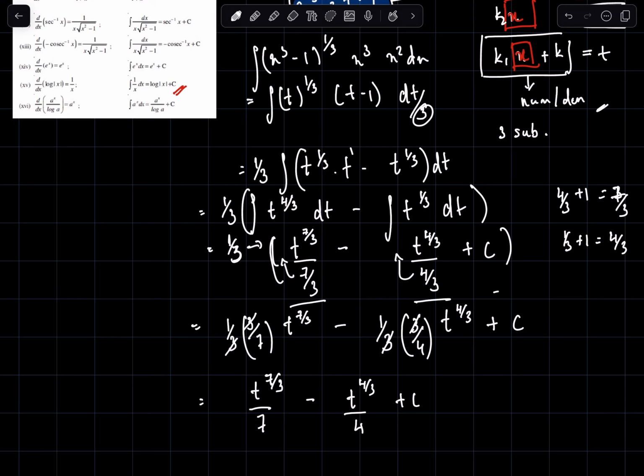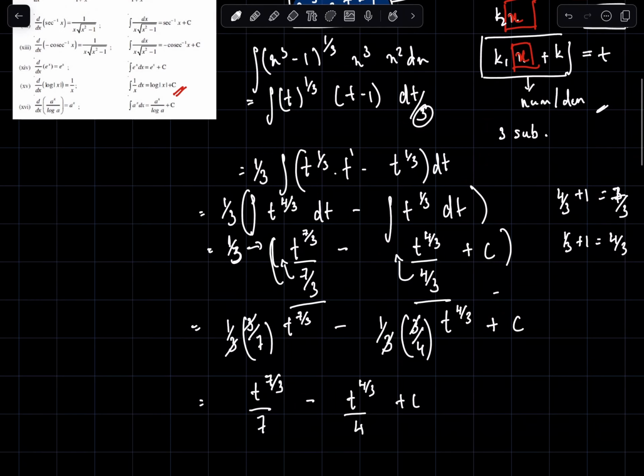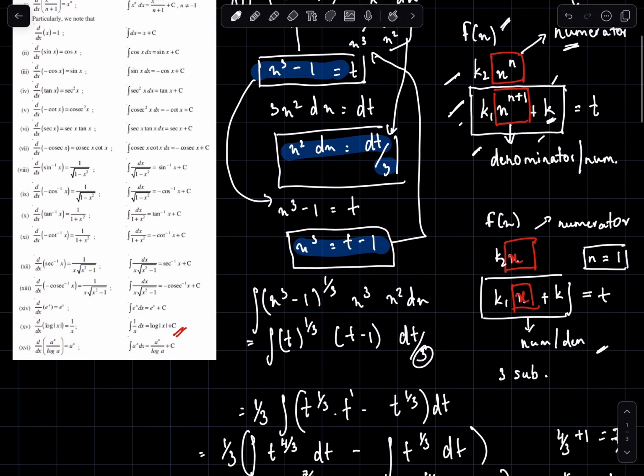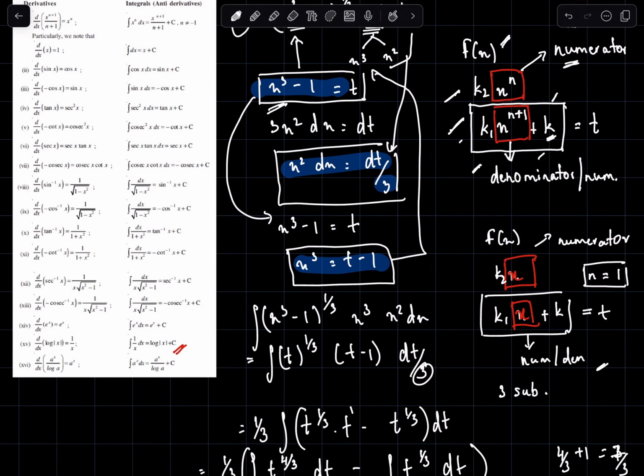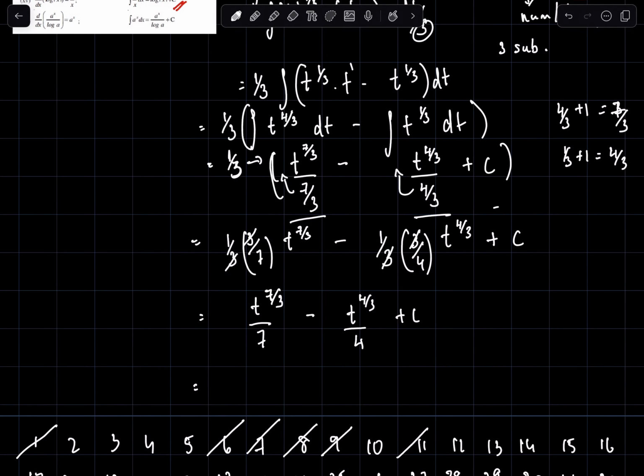I think this should be correct. Okay, so now I just have to substitute for t. That's very simple. So what was my t? x cubed minus 1, right? Therefore this is equal to x cubed minus 1 to the power 7 by 3, divided by 7, minus 1 by 4th of x cubed minus 1 to the power 4 by 3 plus c, right?